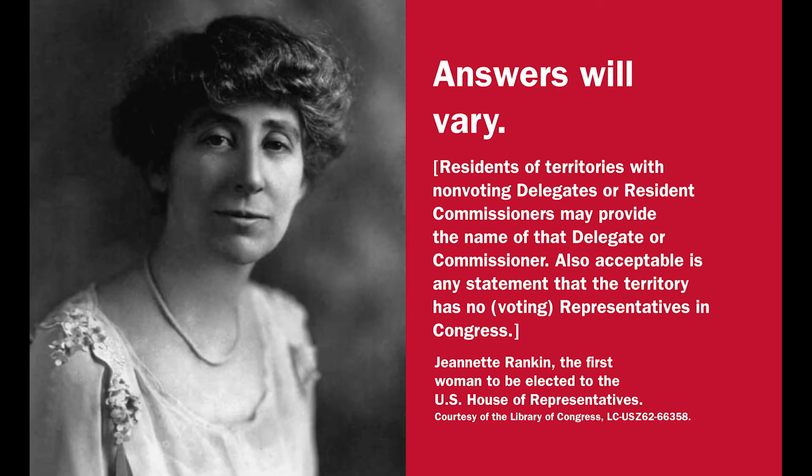Answers will vary. Residents of territories with non-voting delegates or resident commissioners may provide the name of that delegate or commissioner. Also acceptable is any statement that the territory has no voting representatives in Congress.